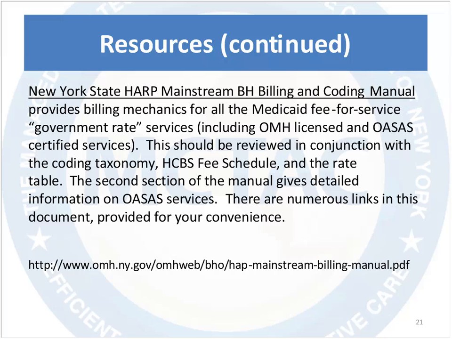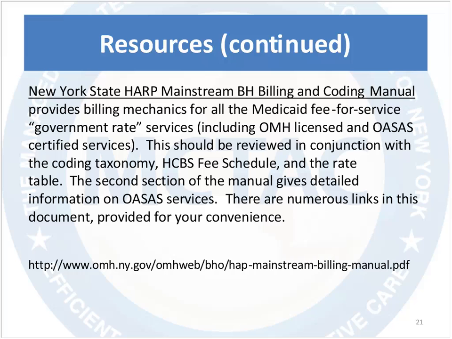The New York State HARP Mainstream Behavioral Health Billing and Coding Manual is something that you should pull out and take a very close look at. It really provides the billing mechanics for all the Medicaid fee-for-service billing that's going to be moving over into managed care.